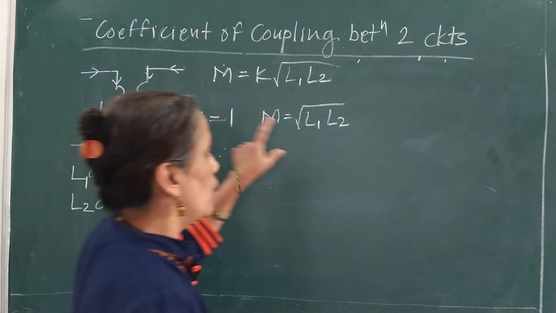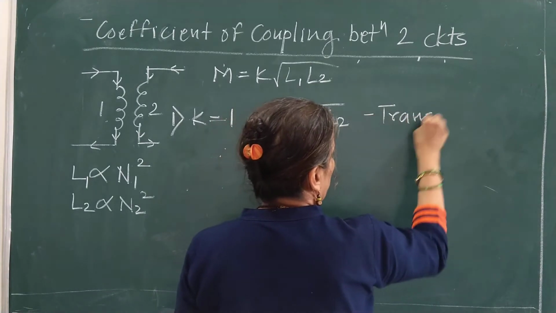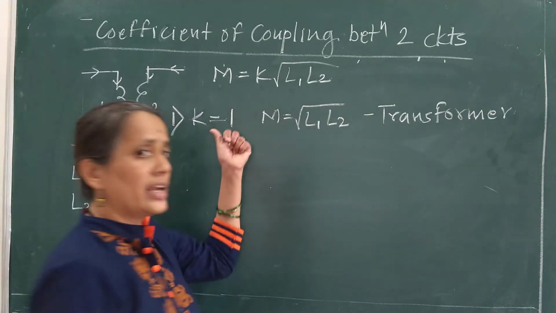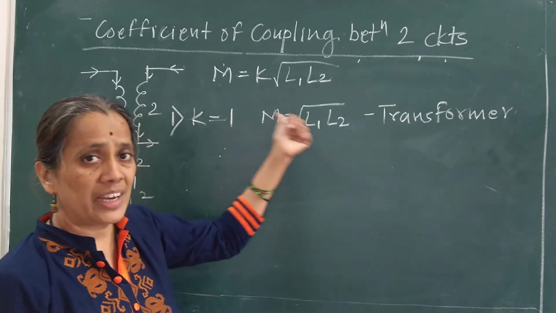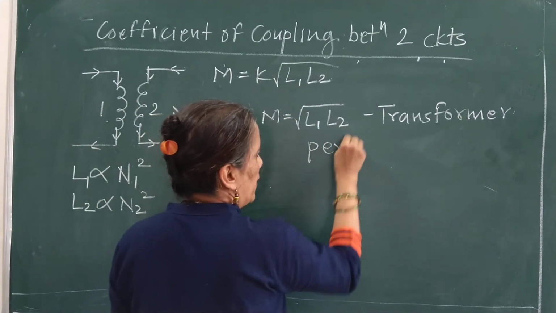This is possible only in the case of a device called a transformer. So only in the case of a transformer is the K value 1. Such coupling, where the K value is equal to 1, is called perfect coupling.